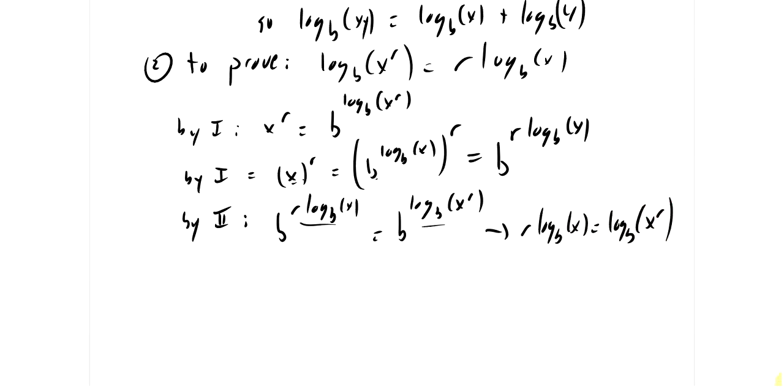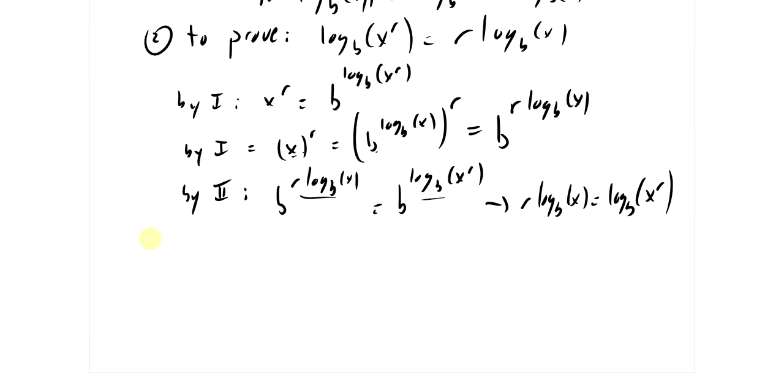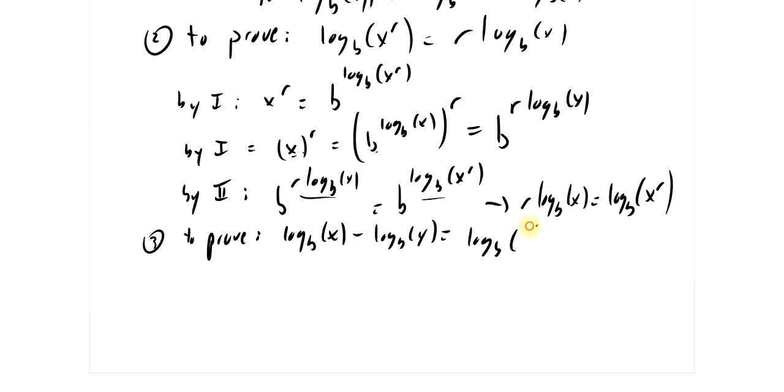Okay. And we're running out of paper. Fortunately, the last one is pretty quick. Log base b of x minus log base b of y equals log base b of x over y. Well, we'll do this by using the two previous rules. Log base b of x minus log base b of y.